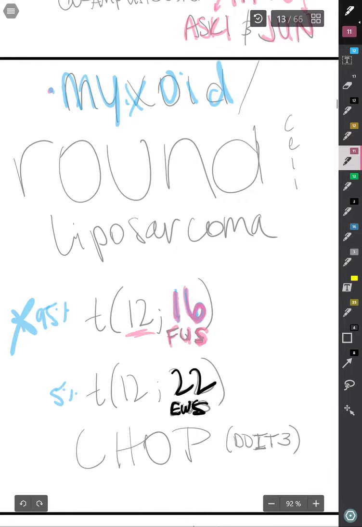We can see there's 12s over here. And both of these 12s represent this CHOP gene, which is also referred to as DDIT3. So it's your DDIT3.